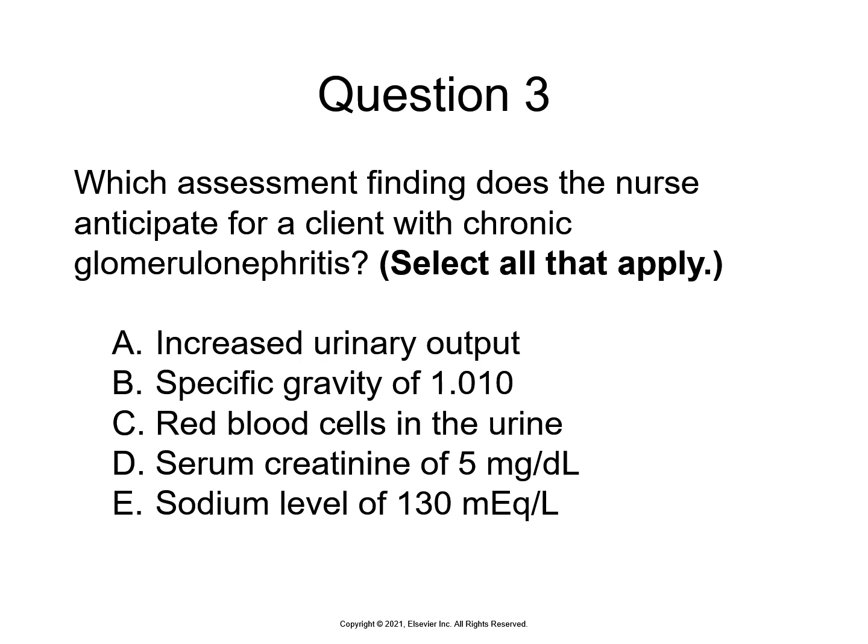The answer here is B and C. They would have decreased urinary output. And the serum creatinine would throw me. It would throw me because that's elevated. But you're thinking, okay, it doesn't say they have chronic kidney disease, it's chronic glomerulonephritis. So their creatinine would probably be less than 6.